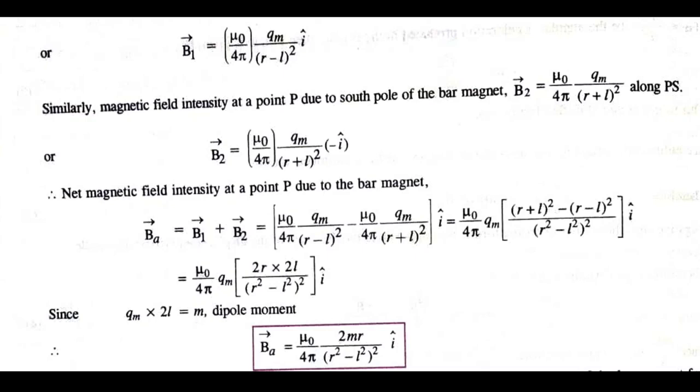After solving, we can get the expression for the magnetic dipole, and we can replace Qm into 2l by small m, which represents the dipole moment. Then the final expression we get is mu naught upon 4 pi, 2mr divided by (r squared minus l squared) whole squared, into i cap. i cap represents the direction.